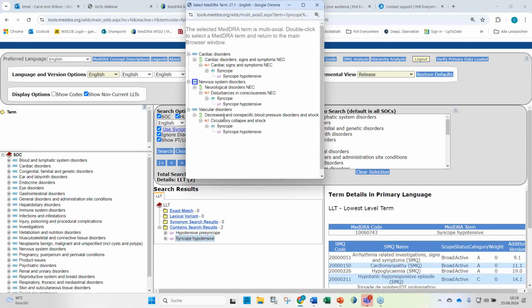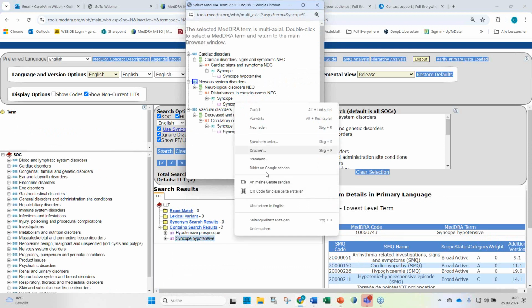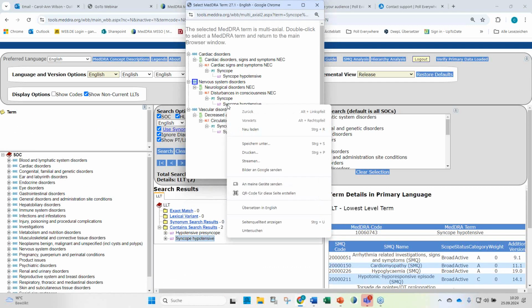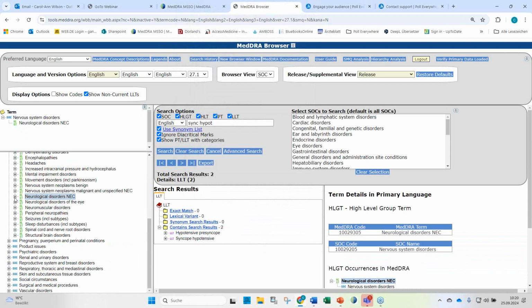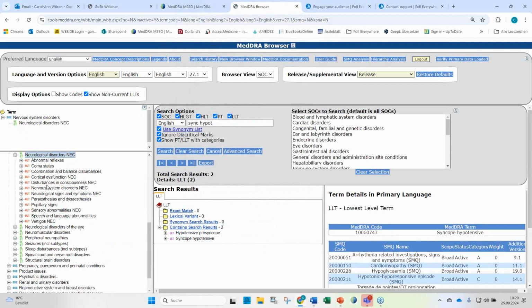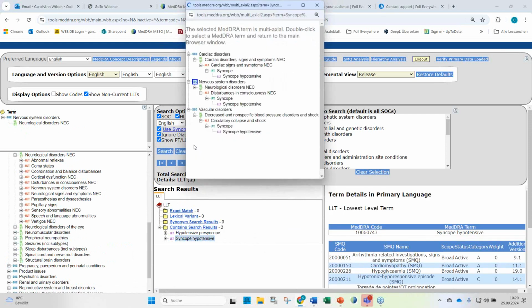Go to browser in order to see where it's grouped: disturbances in consciousness, cardiac signs and symptoms, circulatory collapse and shock as well. So it's also considered grouped under neurological disorders.